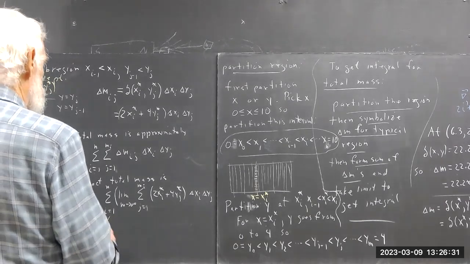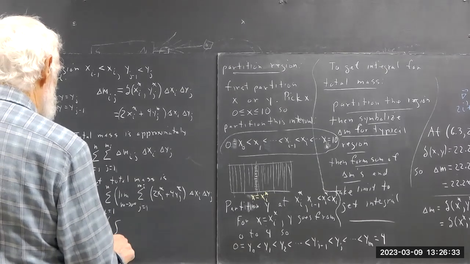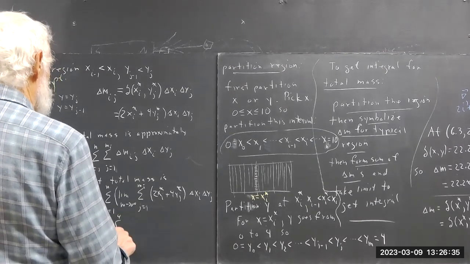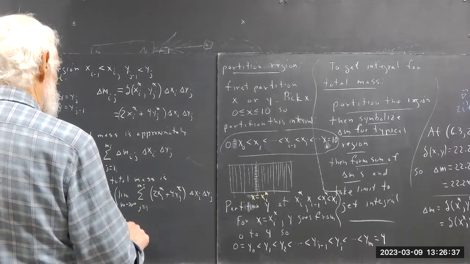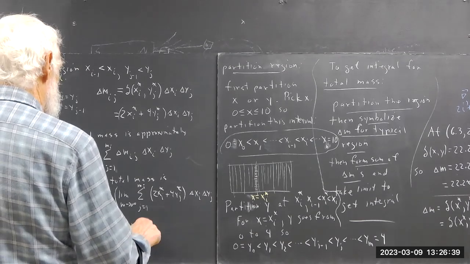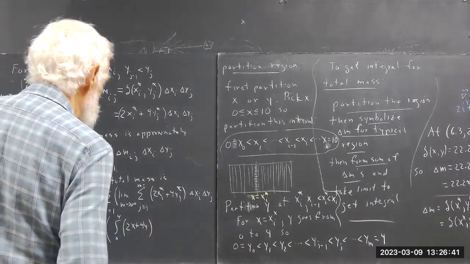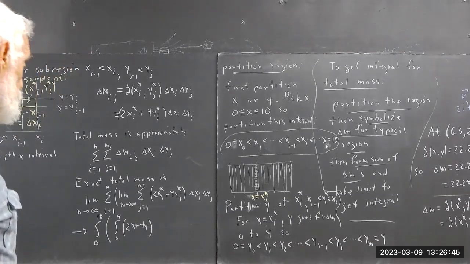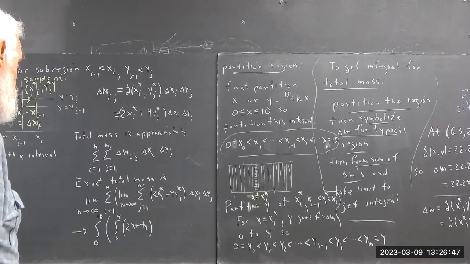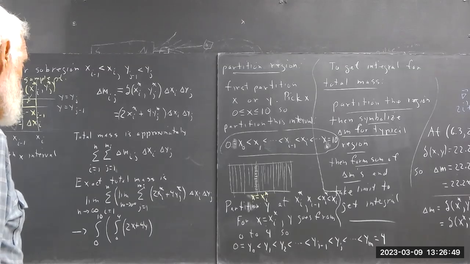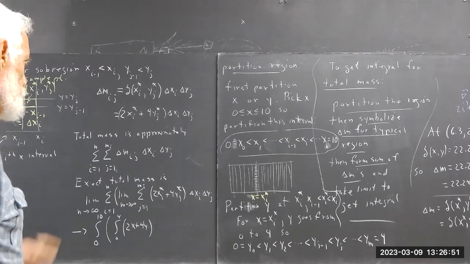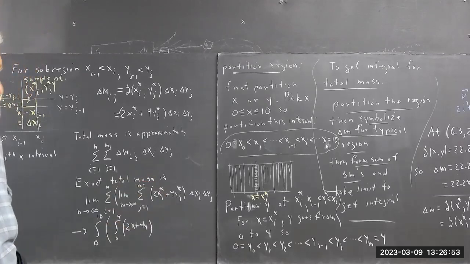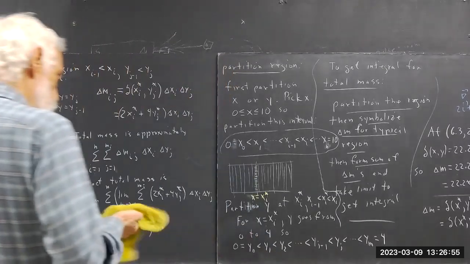So it's the integral from 0 to 10 of the integral from 0 to 4 of 2x plus 4y. Now we've got to be a little careful. And I was a little careless when I wrote this. I'm going to change one order here.